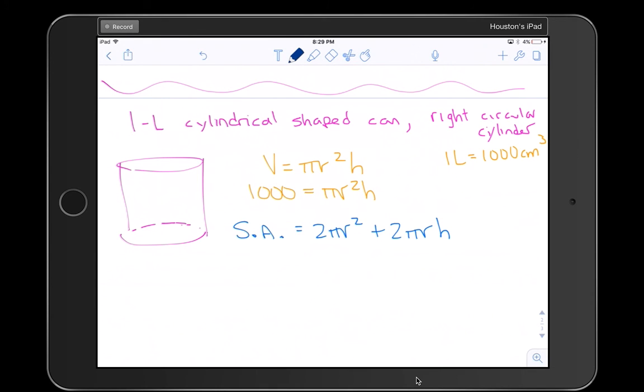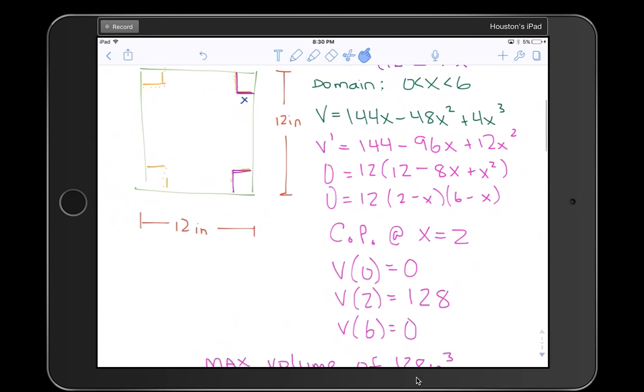So if we're trying to minimize our surface area equation, the blue one, and we go take a derivative like we did in the last problem, we're going to have a few different rates. In the last problem, we just had 2 variables, x and v for volume.